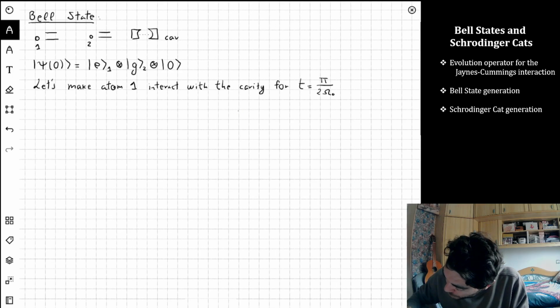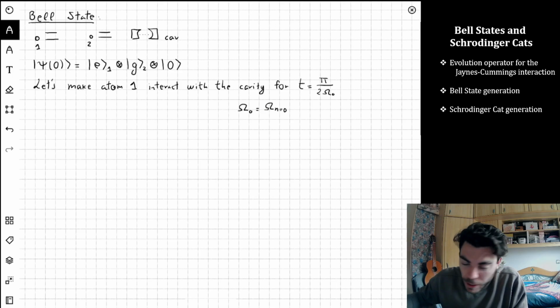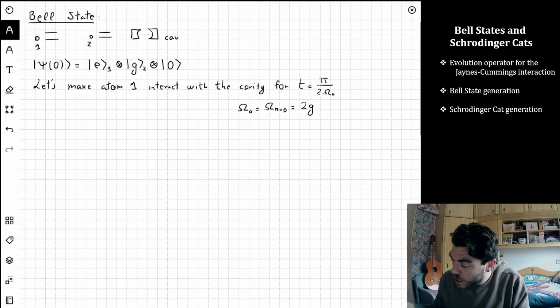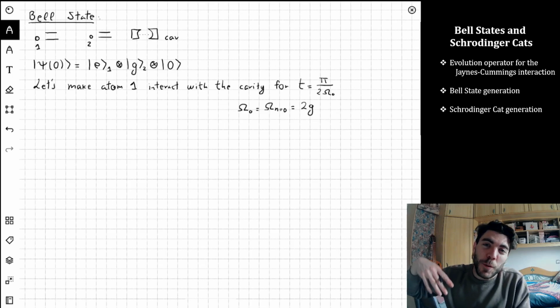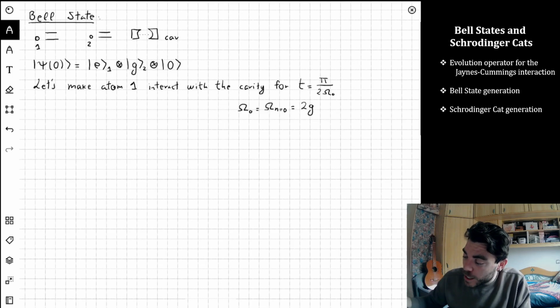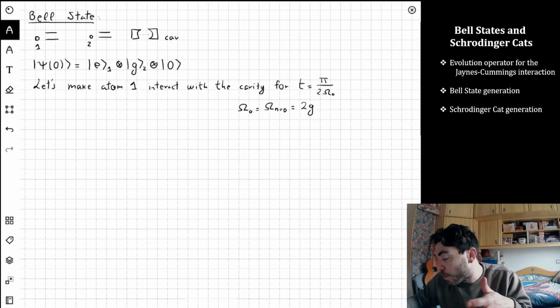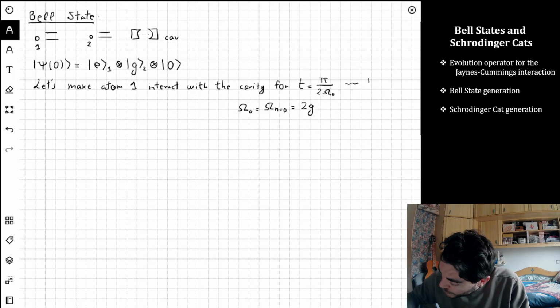So omega 0 is just the capital omega we are seeing evaluated at n equals 0, so it's equal to 2g. This is omega 0, the 1-photon cavity frequency. And if you recall what we saw of the dynamics of this system, if you have the atom in the excited state or in the ground state for this purpose, and then we apply some electric field, some light for this time, it's very similar to what we call a pi/2 pulse.